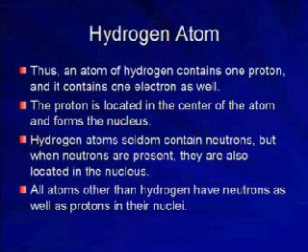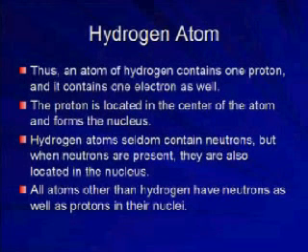An atom of hydrogen contains 1 proton and 1 electron as well. The proton is located in the center of the atom and forms the nucleus. Hydrogen atoms seldom contain neutrons, but when neutrons are present, they are also located in the nucleus. All atoms other than hydrogen have neutrons as well as protons in their nuclei.